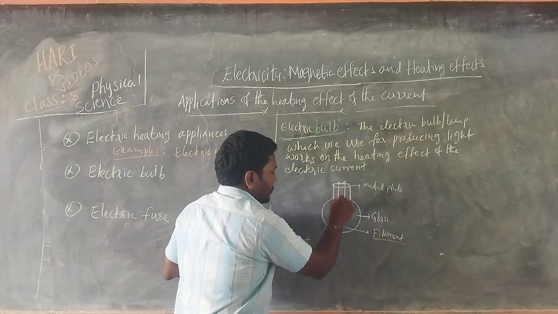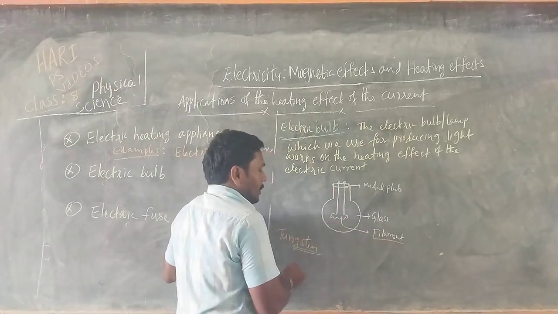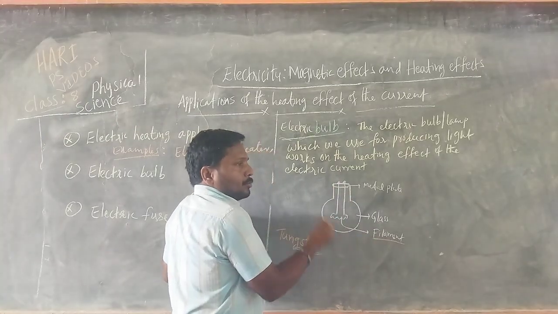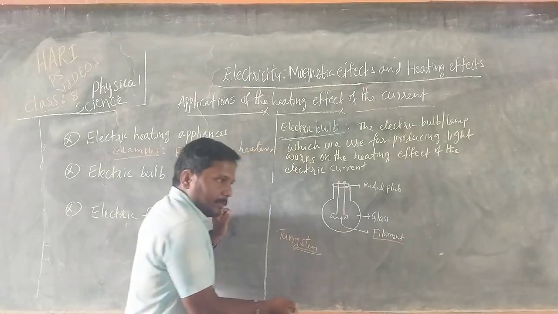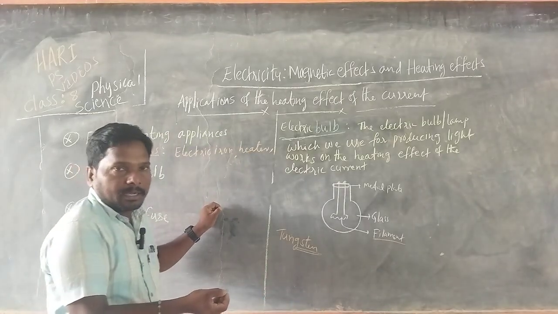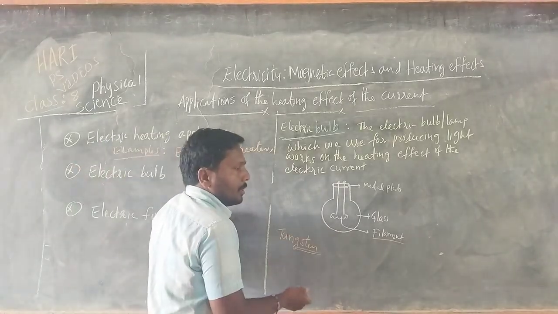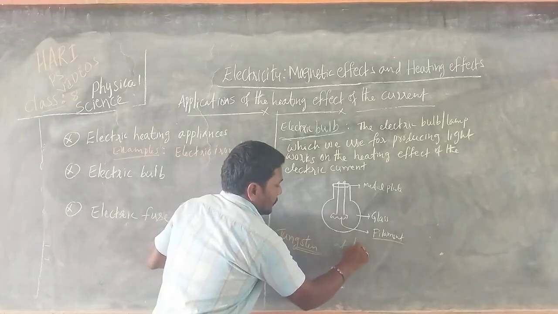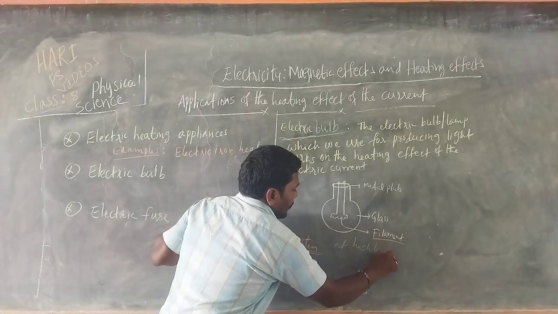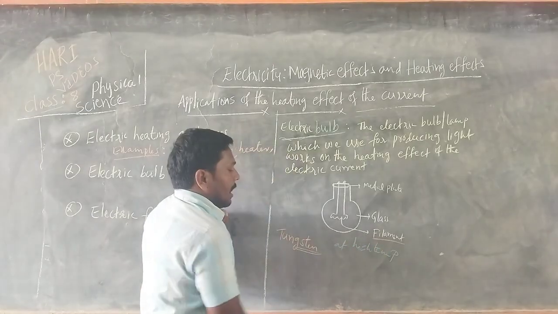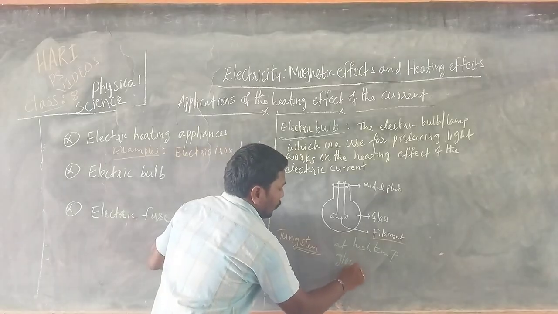When electric current is passing through this tungsten filament, due to the heating effect of electric current, it becomes red hot and at a higher temperature starts to glow.